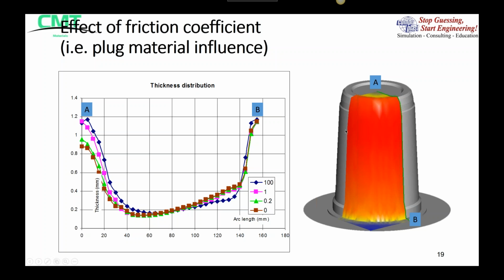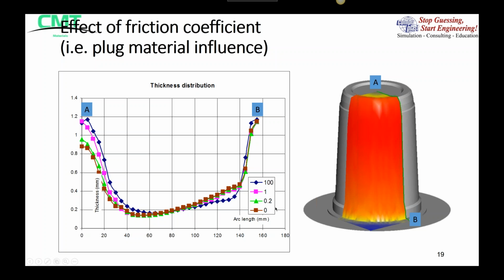Now, for this particular plug shape, we see the range of distribution in thickness for a friction coefficient of 0, which is essentially full slip, up to a friction coefficient of 100, which is certainly full stick. And here you can see that when it's full stick, the plug will push the material up to point A, and you should have a very thick area at point A, almost as thick as the initial sheet.